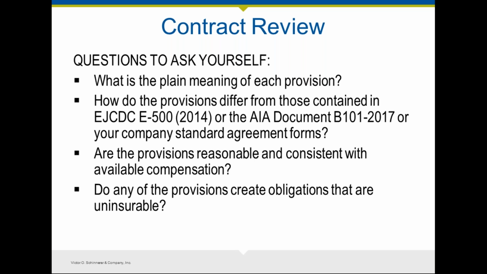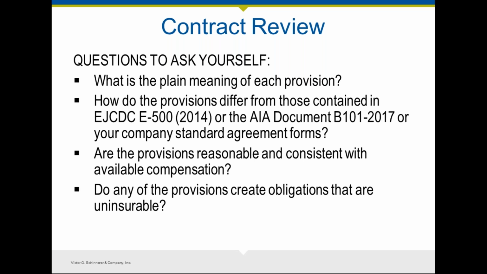And as folks who are running design firms and making business decisions, you need to be able to use this language or language that you have developed with your own attorney as options. Because if you can't compare it to something that is reasonable, you may look at a provision and think that's okay, but you need to be able to compare it to something that you know very well and be able to negotiate based on that.